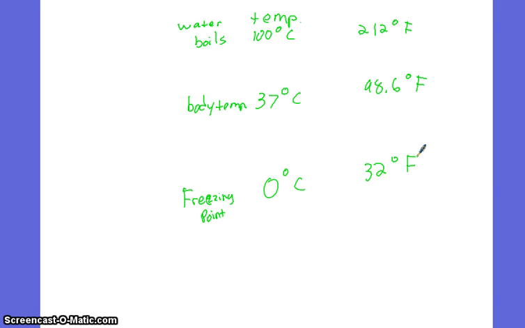And there's a problem in your book that I just don't quite like, but it asks you this a few times, so I want to make sure you are paying attention to this. Is a temperature increase of 100 degrees on the Celsius scale an increase of how many degrees on the Fahrenheit scale? Okay, so that's between 0 and 100, freezing and boiling. And on the Fahrenheit, that's 32 to 212.